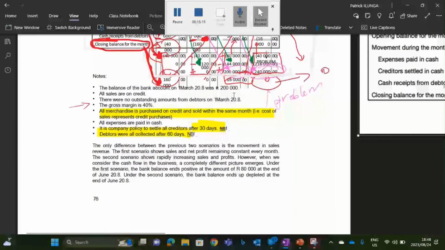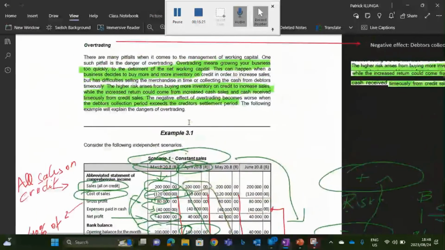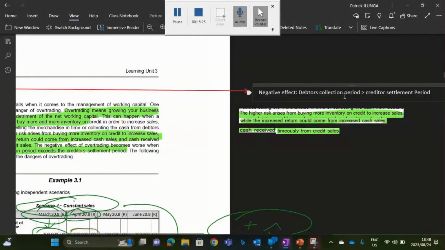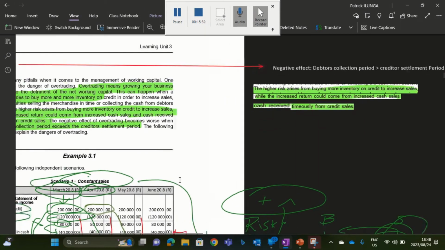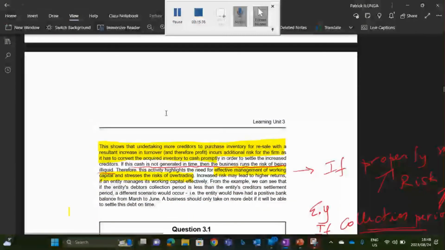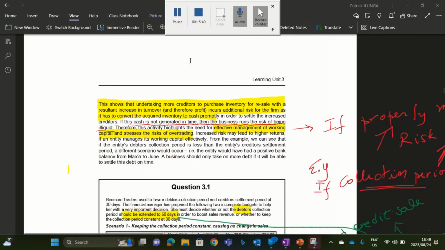So in this case specifically, as you can see, it is a problem. It is the problem that we were talking about, the negative effect of having a debtor collection period that is greater than the creditor settlement period. So you as a student could be just asked how to solve this problem. Very simple. What will you do to minimize that risk?